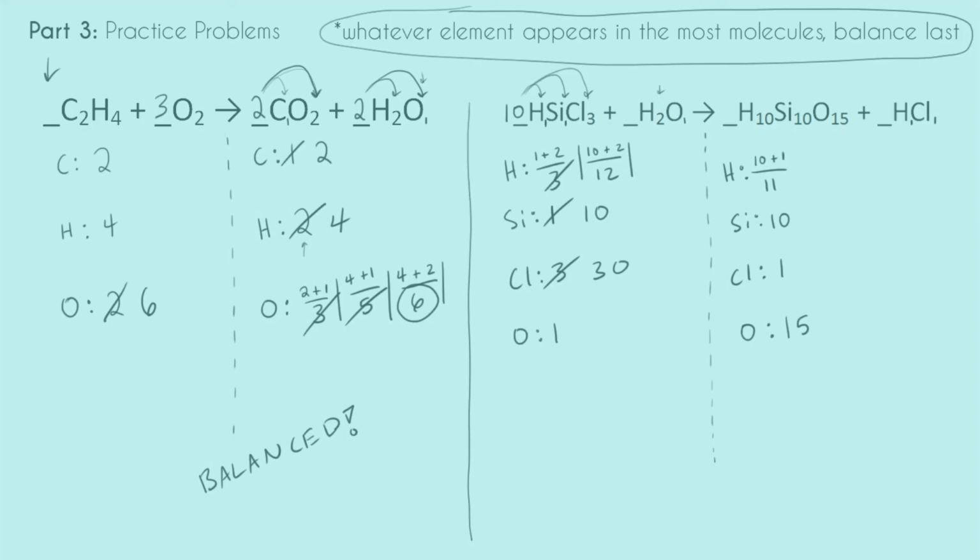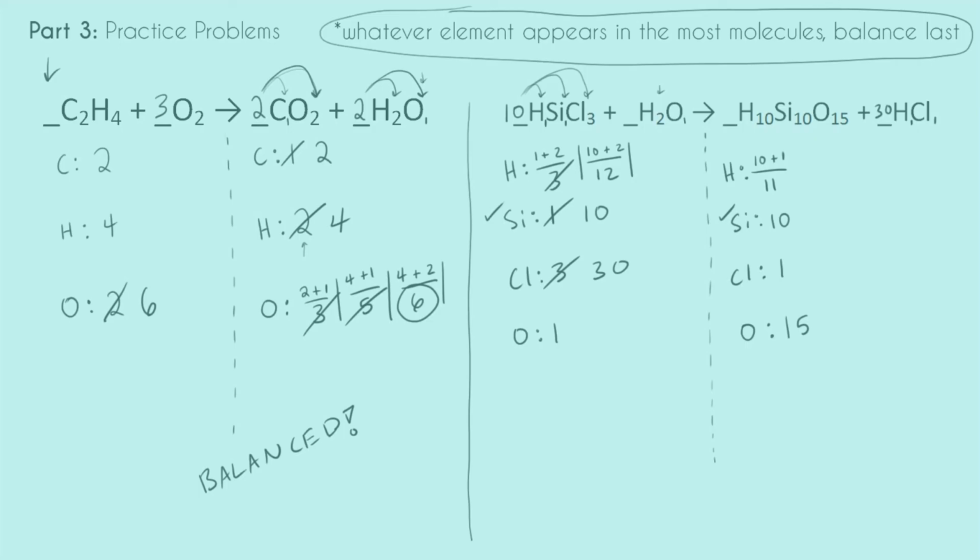So now I have my silicons balanced, so let's go ahead and balance the chlorine. And so I picked this example because I wanted to show you guys that there is no limit to what your coefficients can be. We see we have 30 chlorines on the left-hand side, and so it means that we have to go all the way from just having 1 chlorine on the right-hand side to 30. And there's no way to do that besides just putting a 30 here. So sometimes your problems are going to require you to have pretty big numbers for your coefficients.